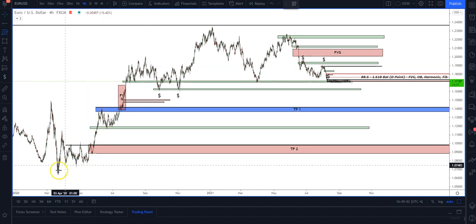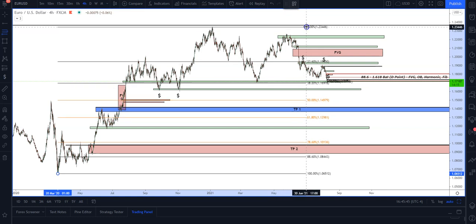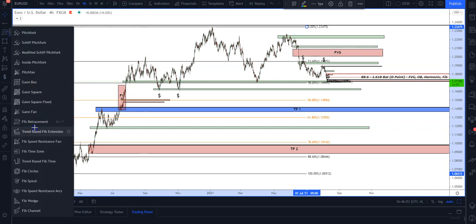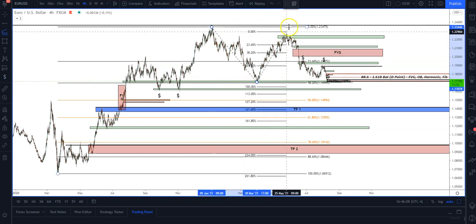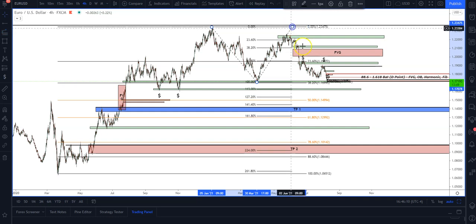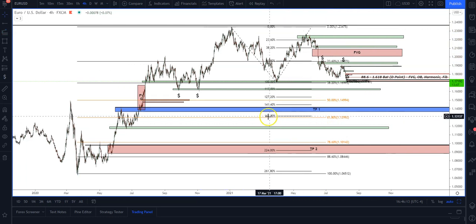If we measure this to here, for the bat, 88.6 is right here. And the ABCD for the bat is 1.618 to 2.618. So if we take this, we measure it, boom, 161.8 to down here.